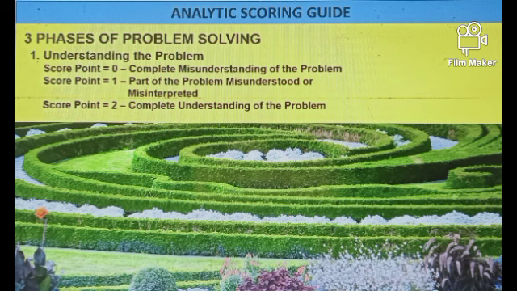If the student demonstrates an understanding that shows misinterpretation or misunderstanding of part of the problem, the student will be awarded a score of 1 point. And if the student shows complete misunderstanding of the problem, a score of 0 will be given to that student.